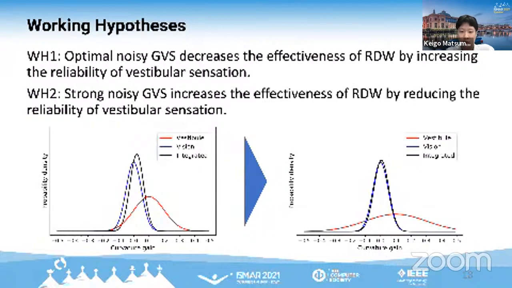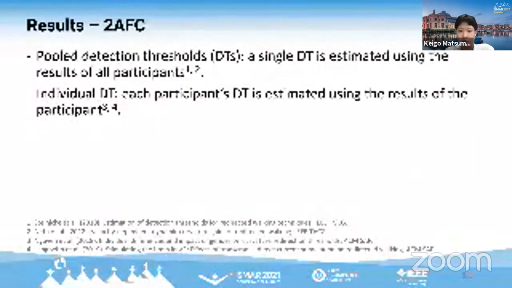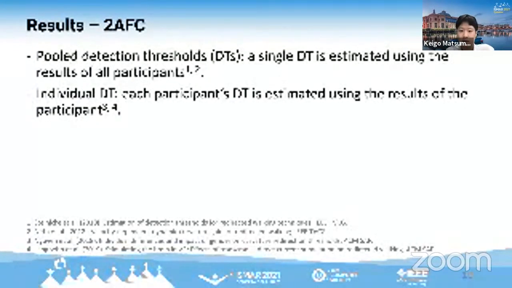And working hypothesis 2 is strong noisy ZBS increases the effectiveness of redirected walking by reducing the reliability of vestibular sensation. So we performed two analyses of the two-alternative forced choice results. The first one is pooled detection threshold, which is estimated using the results of all participants. And the second one is individual detection threshold, which is estimated using the results of each participant.